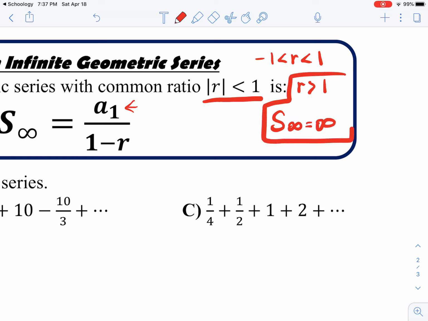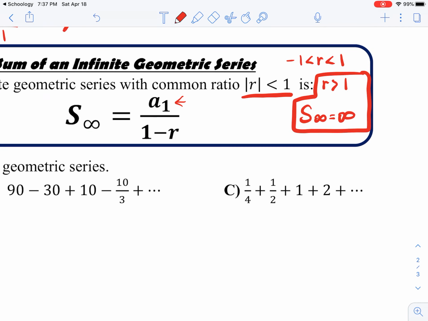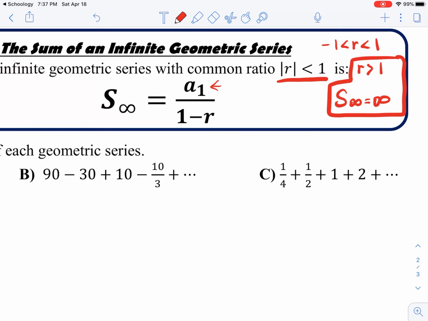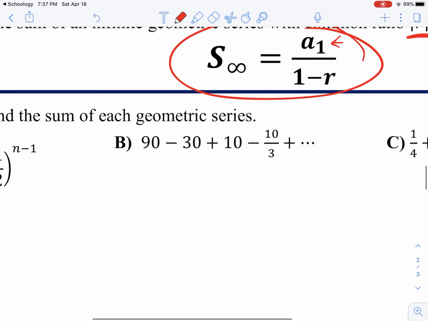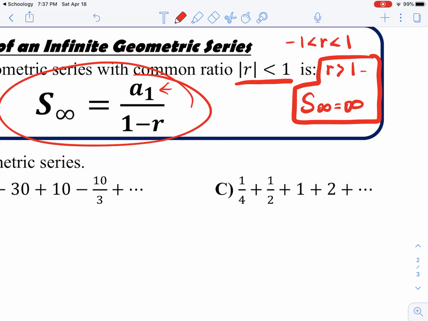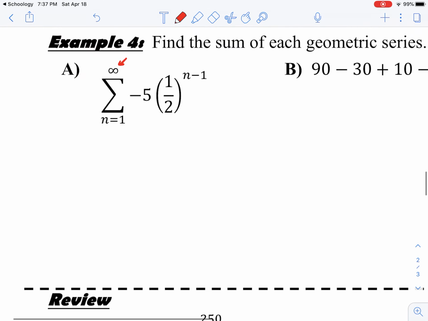So if your r value is greater than 1, the sum of an infinite series is infinite. But if your ratio is a fraction or a decimal in between negative 1 and 1, then you use this formula. Okay, find the sum of each geometric series. It's infinite, so I'm going to use my infinite formula unless the ratio is greater than 1. If the ratio is greater than 1, the answer is automatically infinity.